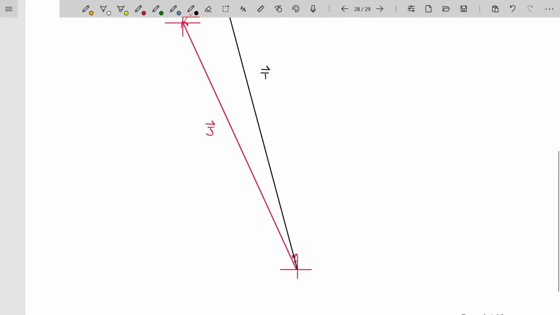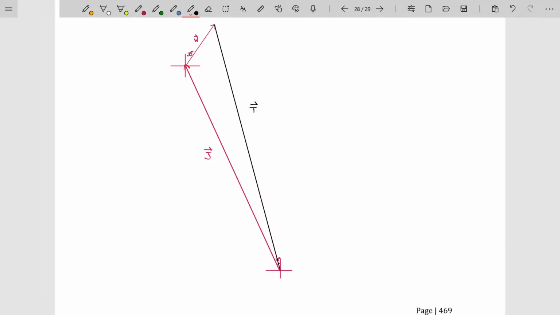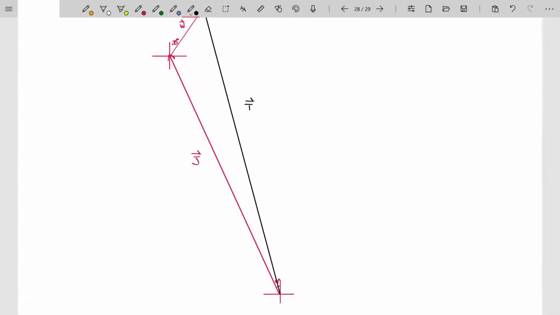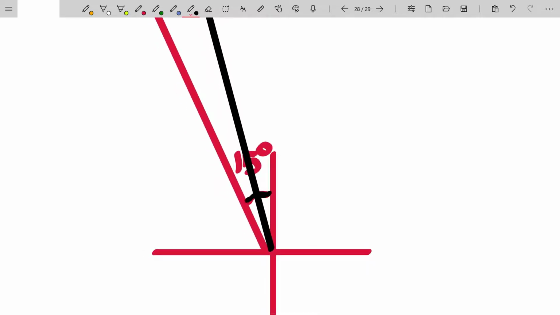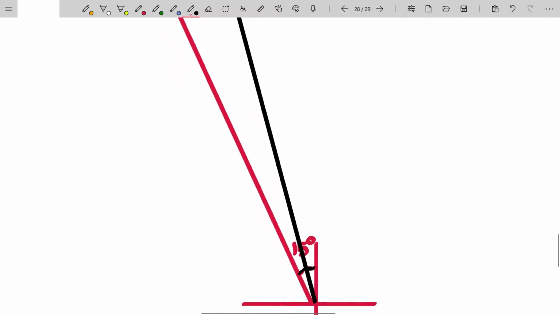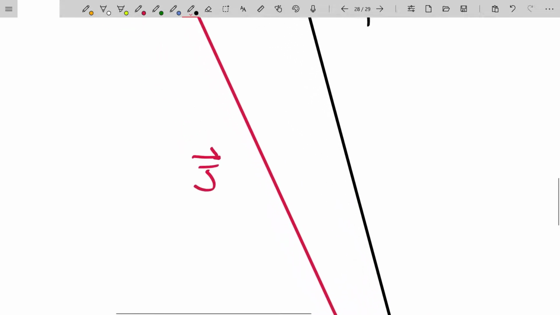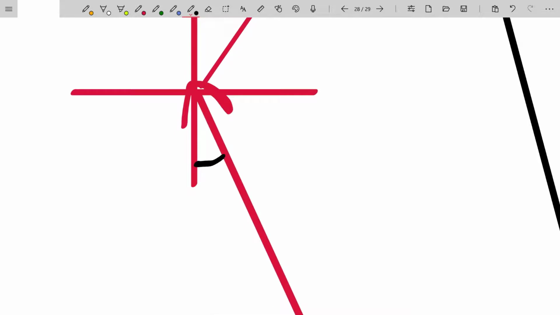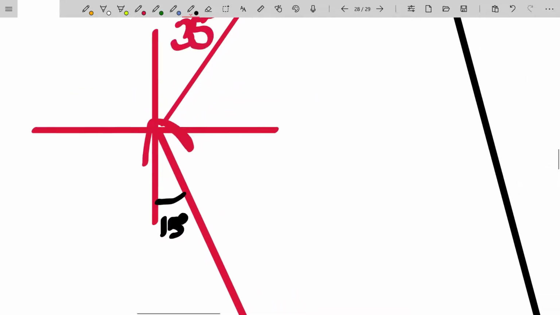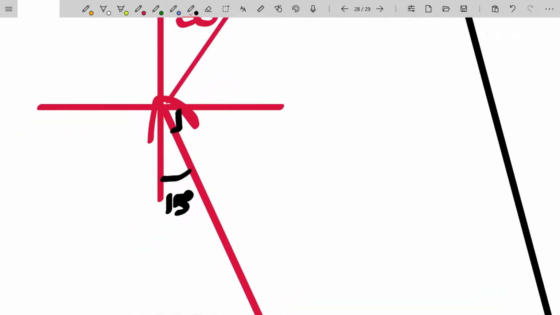And this requires us to just kind of redraw a little bit. First, before redrawing, I'm going to label a few things. This angle is 15 degrees. Its alternate interior angle, which is right here, is also 15 degrees. So because this is a right angle there, we know that this must be 90 minus 15, which is 75 degrees.